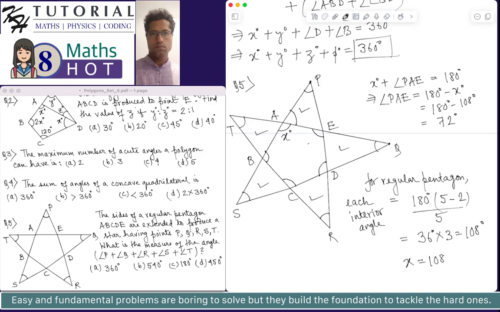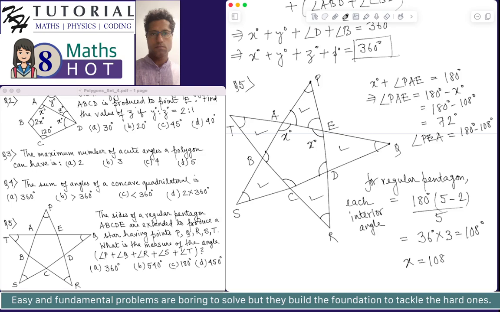Now since this is also x degree, angle PEA should also be 180 degree minus 108 degree, because angle E of the pentagon and this angle are a linear pair of angles, so their sum must be equal to 180 degree. So angle PEA plus x degree is equal to 180 degree.